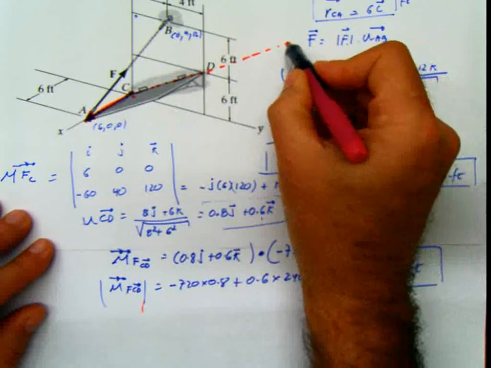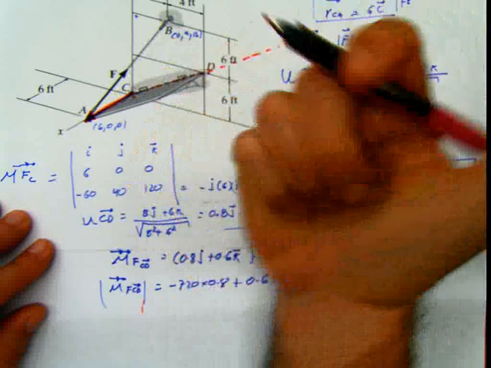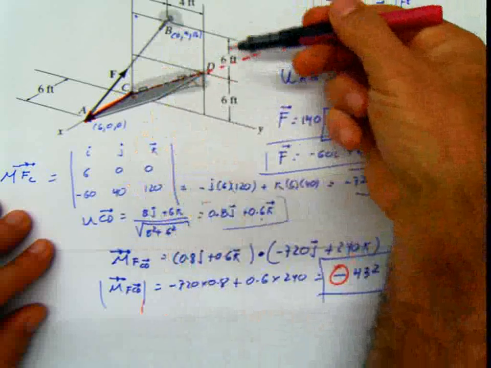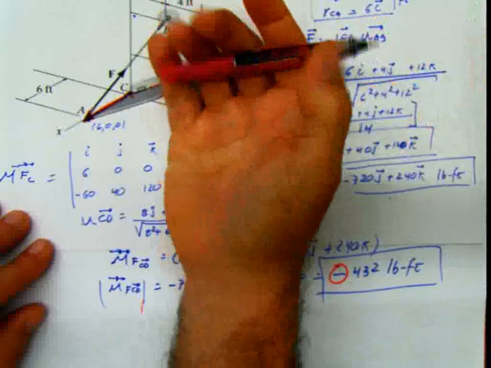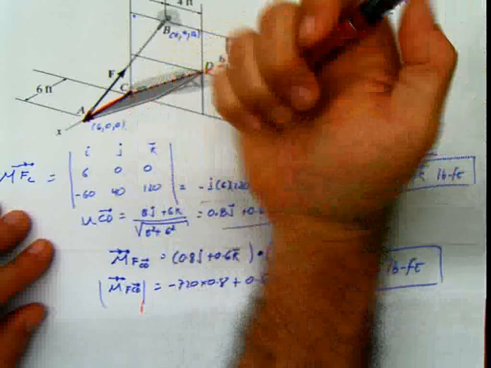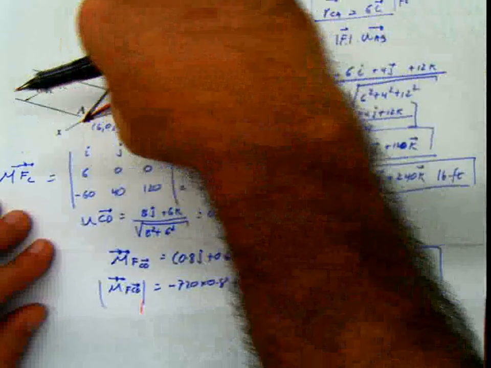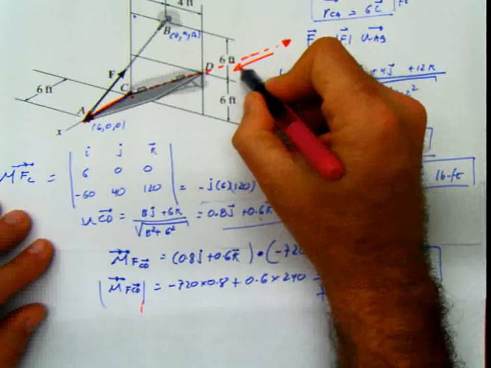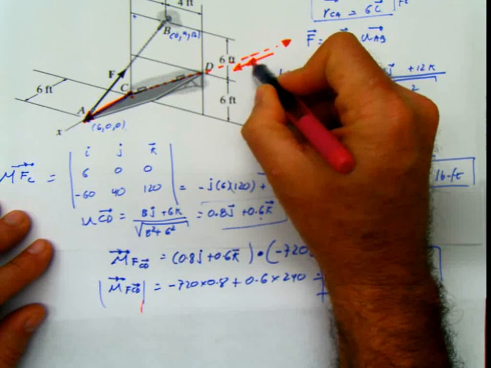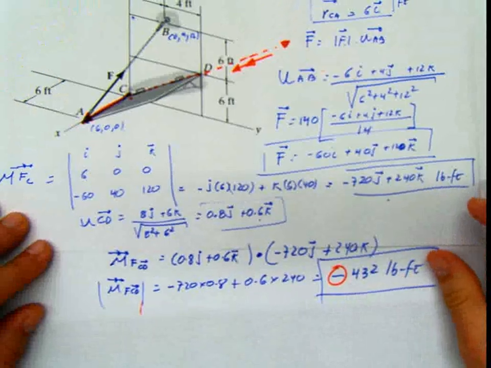If this is the axis, and this is the positive direction of the axis, if the result was positive, then the rotation would be happening around this axis in this way. Because this is negative, the rotation is coming into the axis, meaning the vector for the rotation is coming in this direction. That's what the negative sign means.